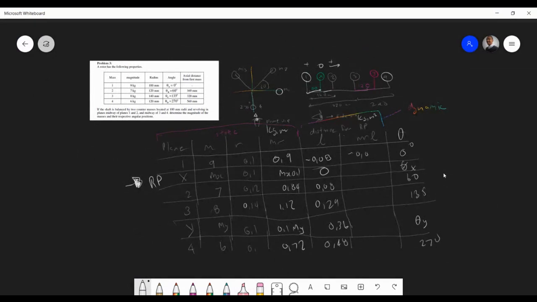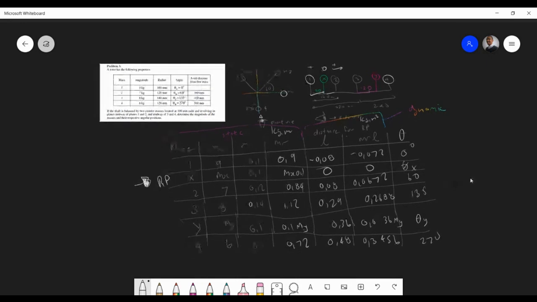You should get minus 0.072. Obviously this one is going to be 0. 0.84 times 0.08, that's 0.072. That times that, you should get 0.2688. In this case, that times that is 0.036 MY, and that times that is 0.3456. Are there any questions thus far?